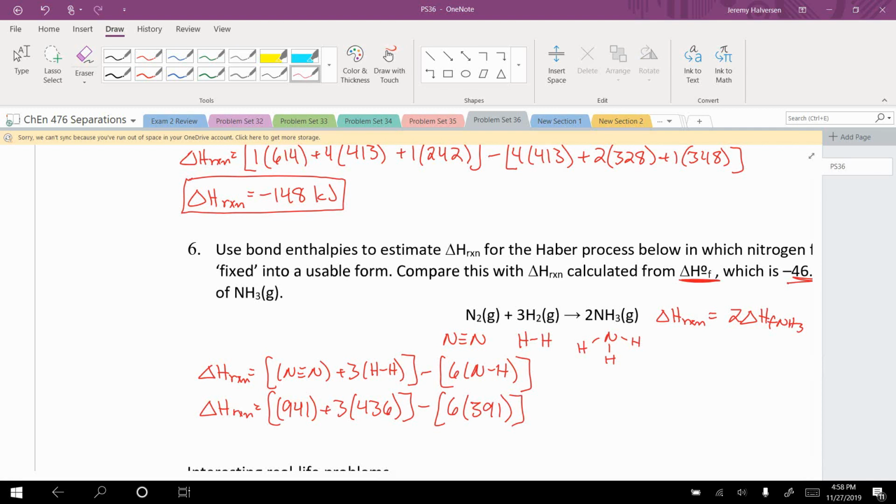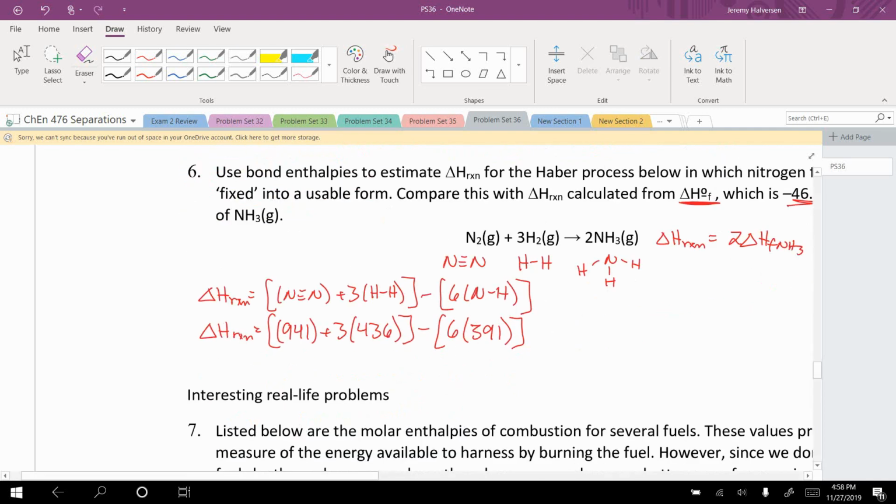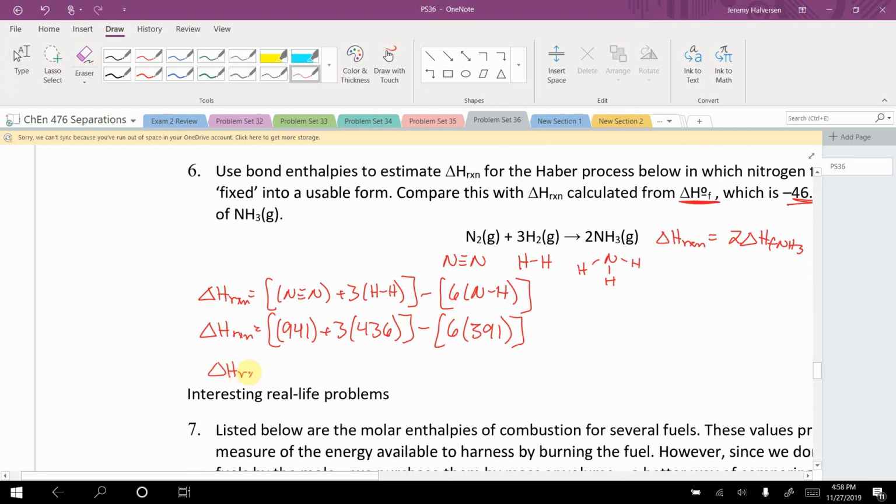Which got me -97. So the delta H of this reaction equals -97 kilojoules. How does that compare?